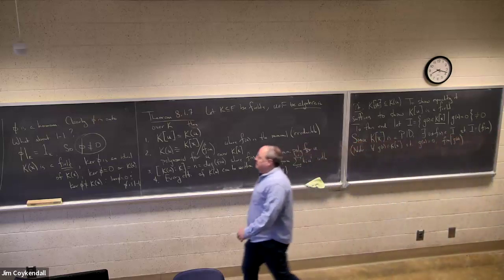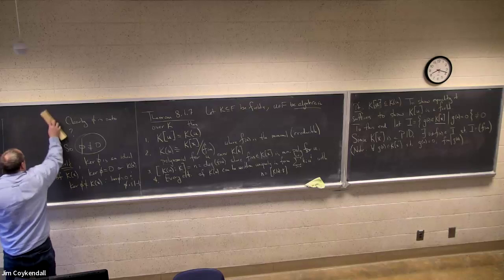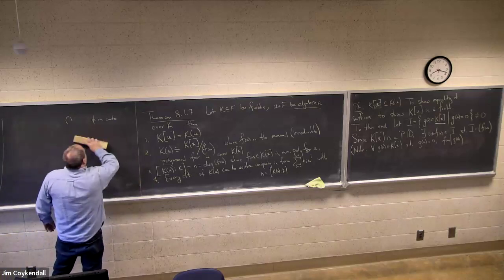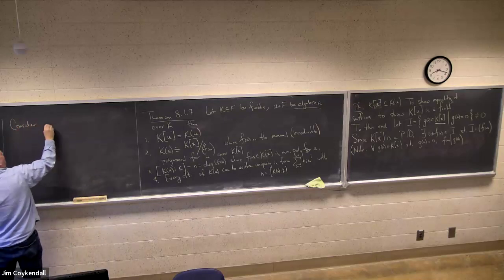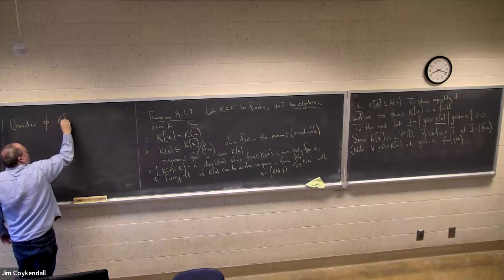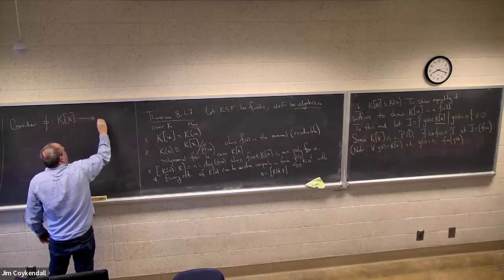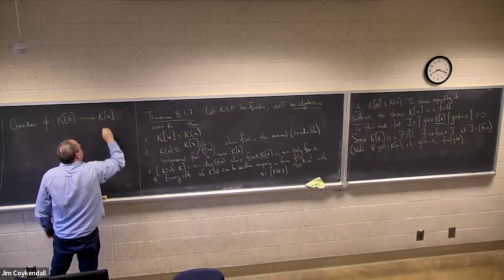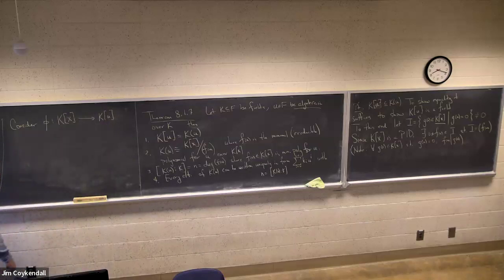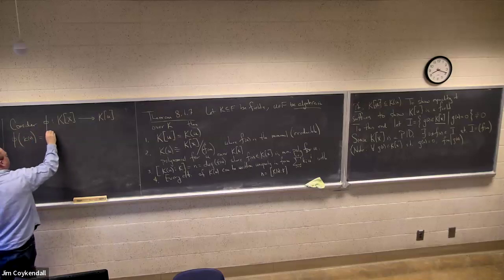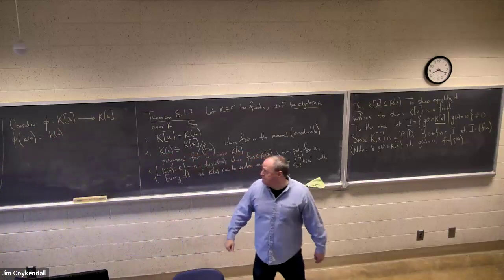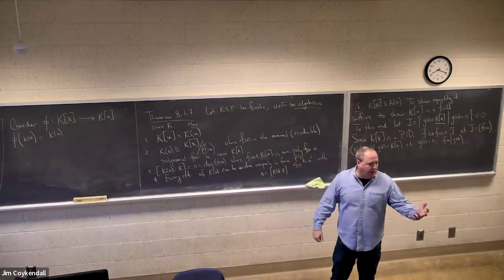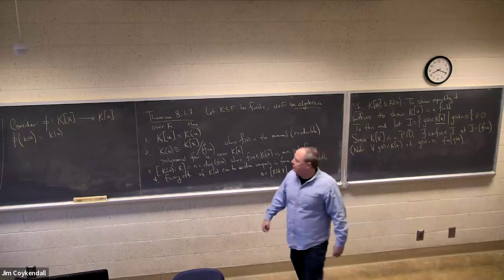Okay, so what do I want to do now? Consider the function phi from K[x] to K[U], given by the easy thing: take any polynomial, just plug in U. That's my function.